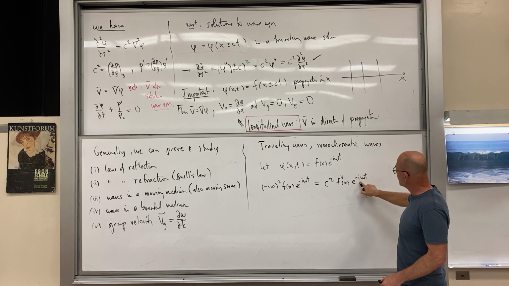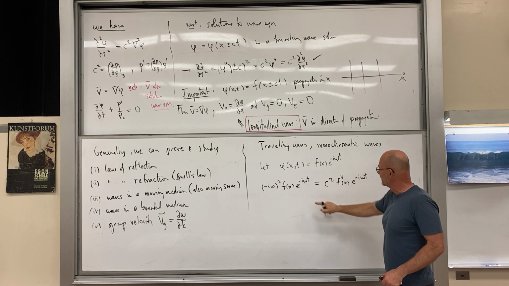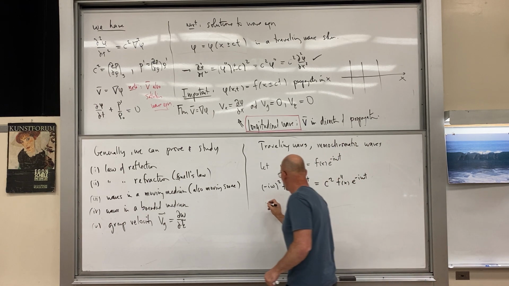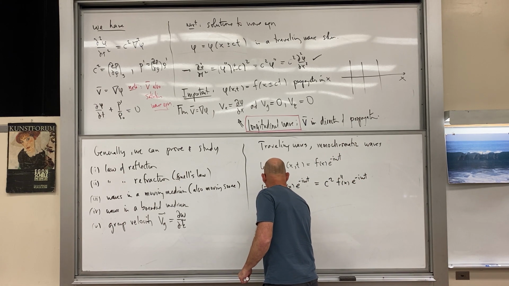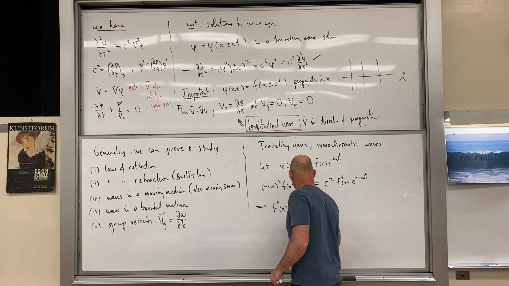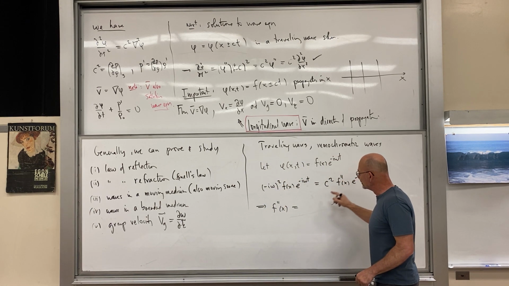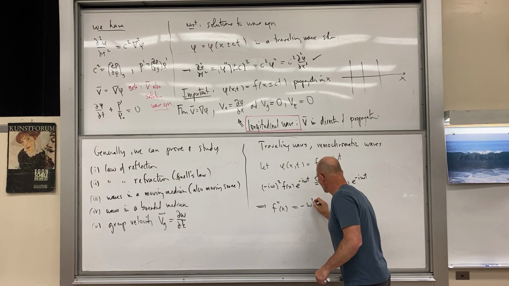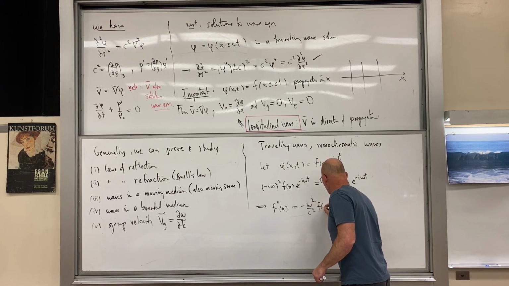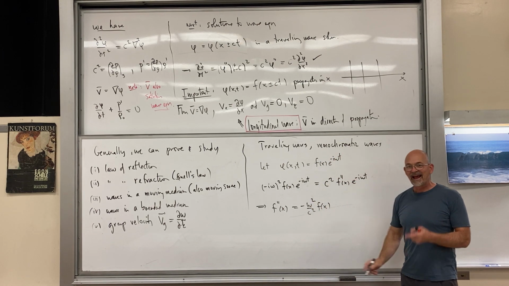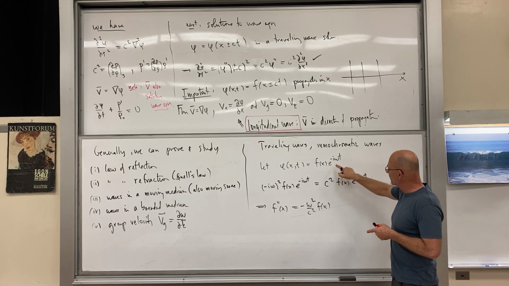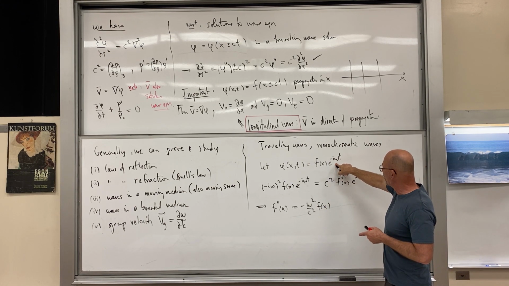So we've gone into the wave equation. Obviously these cancel, and we're going to get f double prime of x is equal to minus omega squared over c squared f of x, and that has as its solution an exponential here as well.